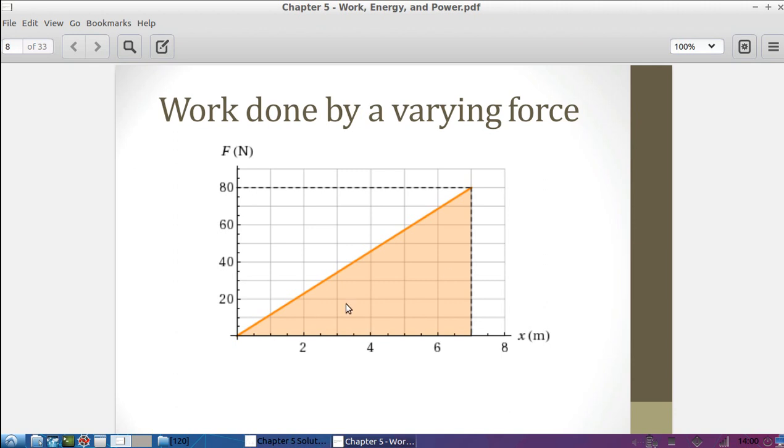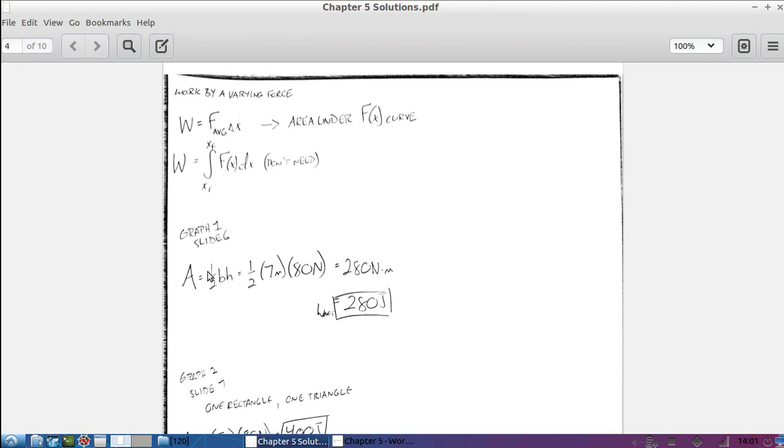So let's do this one. The highlighted region is the area under the force function. It's the region bounded by the force function, the initial and the final position, say x equals 0, x equals 7 meters, and the x-axis. The area of this region is the work done. It's a triangle, and the area of a triangle is 1/2 base times height.